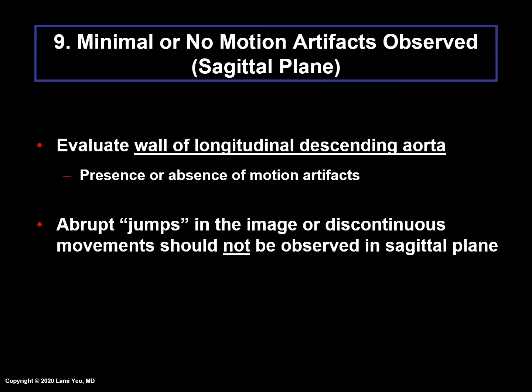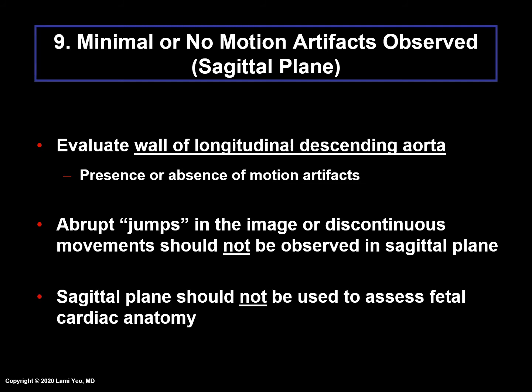For the sagittal plane, in addition to examining the descending aorta wall, one should also observe for abrupt jumps in the image or discontinuous movements which indicates motion artifacts. It is noteworthy that the sagittal plane should not be used to assess the fetal cardiac anatomy. It is only used to evaluate for the presence or absence of motion artifacts in the stick volume.